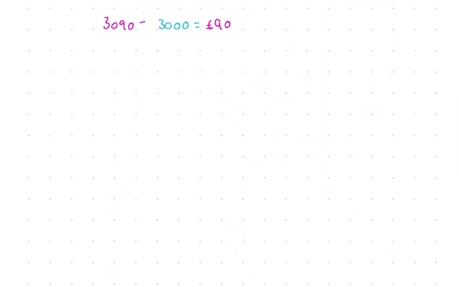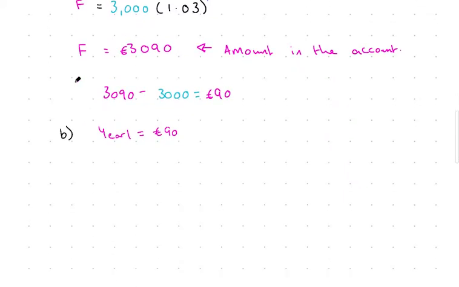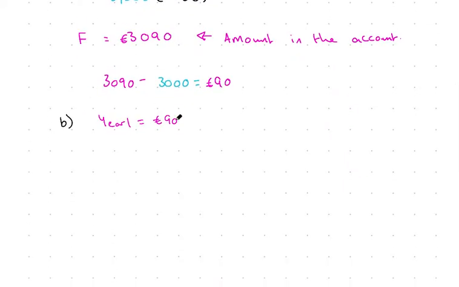So remember, if we're to figure out what's coming out at the end, we need to know what we put in. So remember, the interest earned at year 1, that was equal to 90 euros. But remember, in the question, they said that tax of 40% will be deducted each year from the interest earned. I need to take away 40% from that.